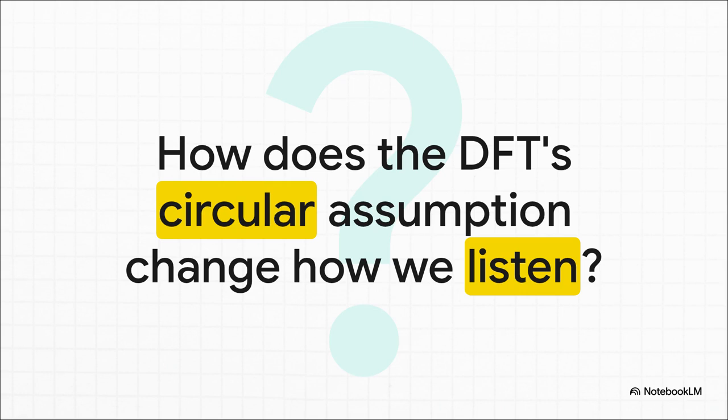The next time you ask your phone a question or listen to a song, just remember the incredibly clever compromise happening deep inside. That device is taking our messy, complex, and potentially infinite world and pretending it's a simple, finite, repeating circle. And in doing so, it can break it down and understand what's really going on. It's a beautiful, practical lie that makes our digital world work.